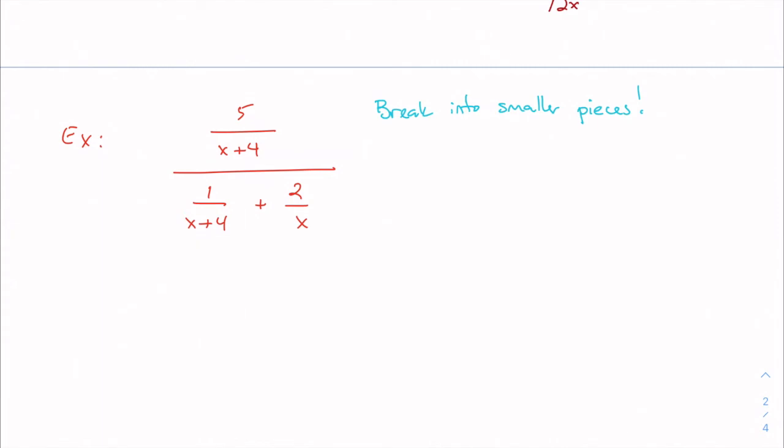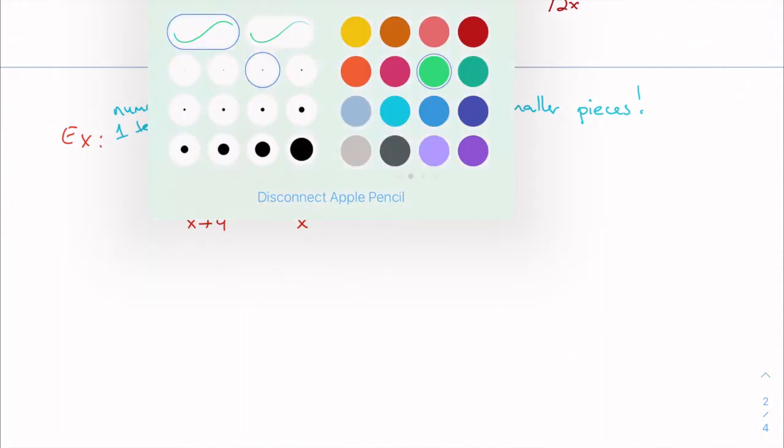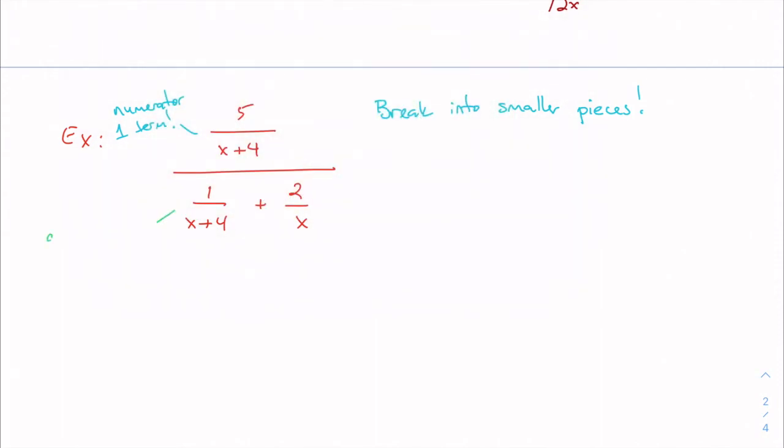I've already got my numerator as one term, right? Numerator, one term. Awesome. My denominator is not. My denominator is in two terms. Let's see if we can condense this a little bit, make it a little bit easier to work with.